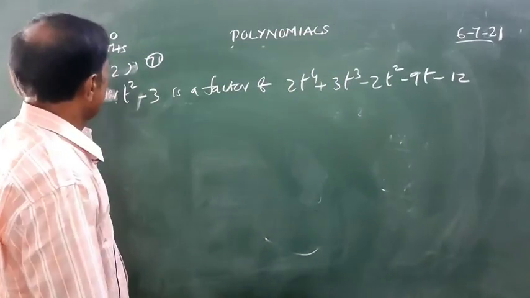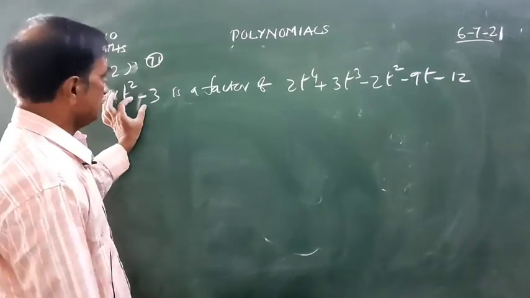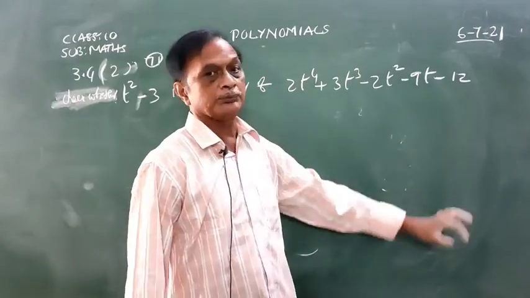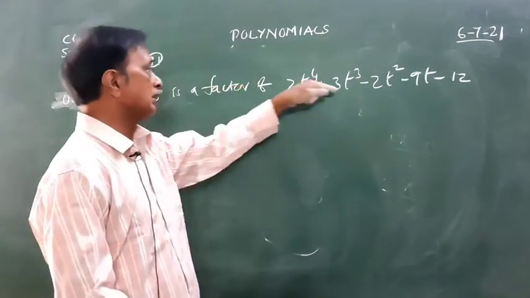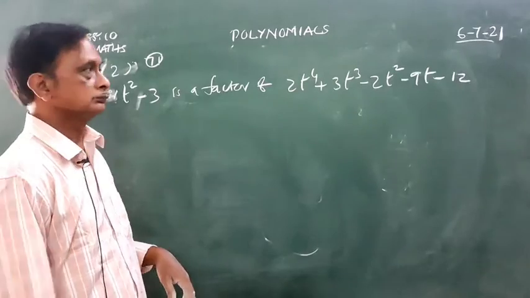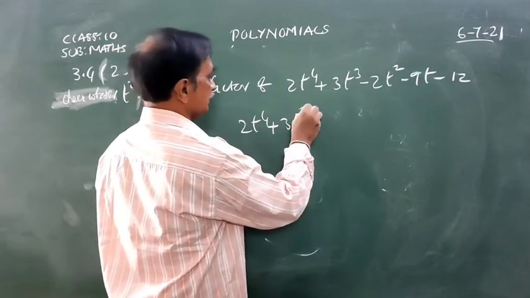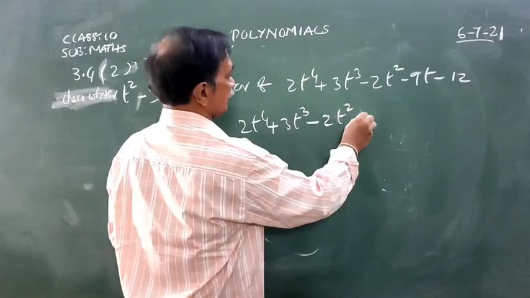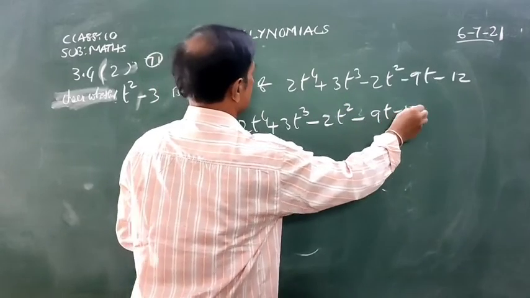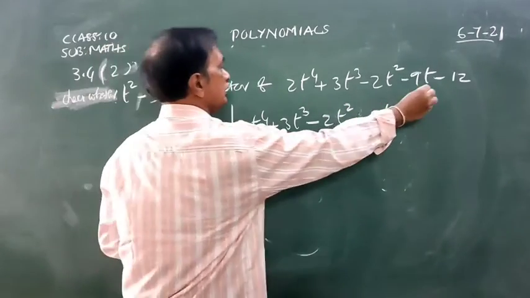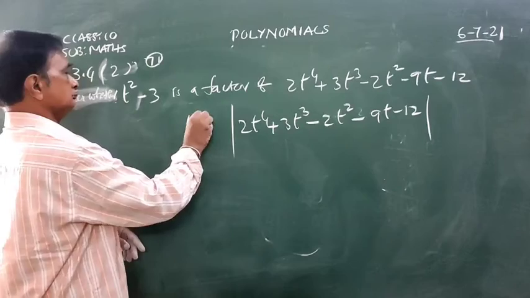So you have to see whether the first polynomial is the factor of the second polynomial by dividing the second polynomial by the first polynomial. Try to divide and see whether you get 0 as remainder or not. T square minus 3.